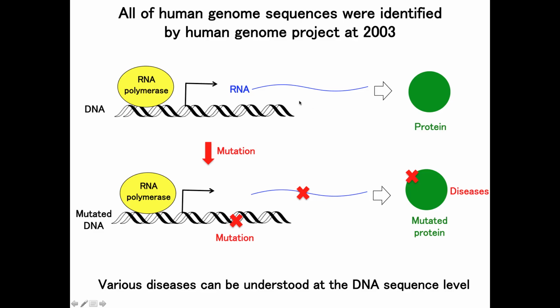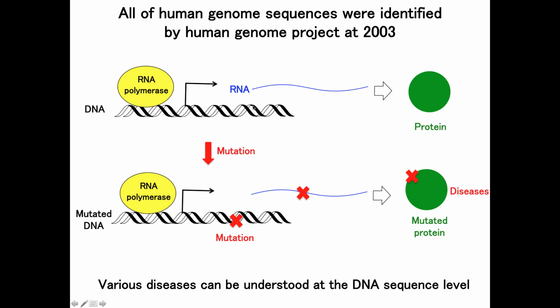All of the human genome sequence was identified by the Human Genome Project in 2003. As a result, various diseases can be understood at the DNA sequence level. Why is DNA sequence important for us? Because the amino acid sequence of protein depends on DNA sequence.